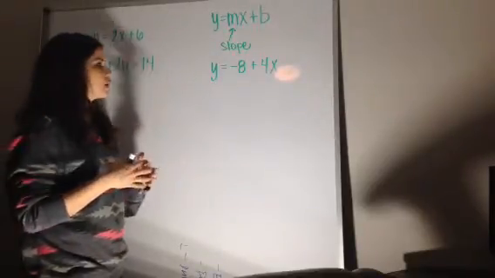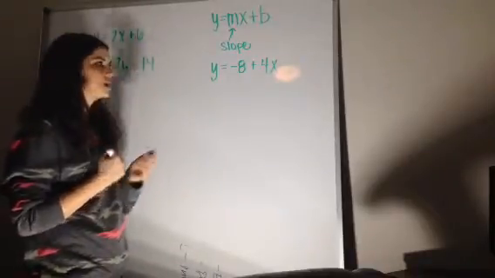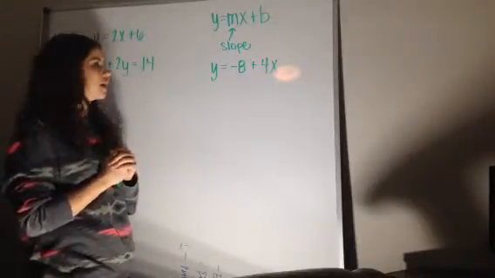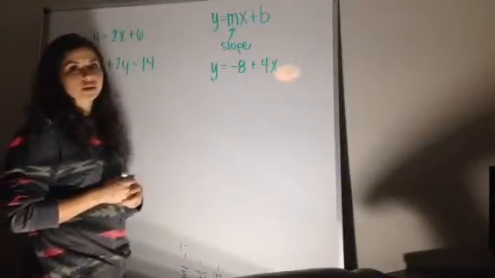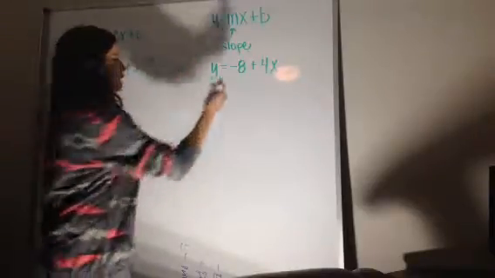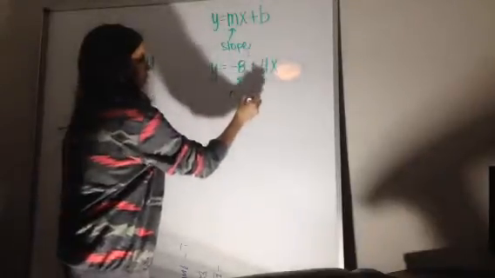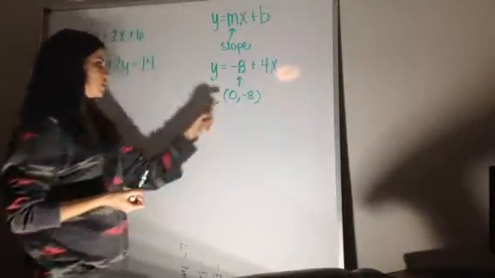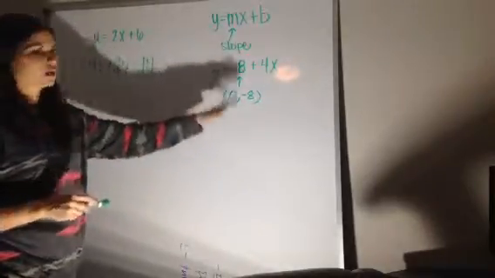I can't really think of a good explanation why that's the case, but the slope is always attached to the x. And then negative 8 has to be alone because it's the y-intercept. Now I can explain why that's alone: the point for the y-intercept is always 0, comma, whatever that number is, so negative 8. So it's always just 0 and then that number. Okay, so that's just a side note.